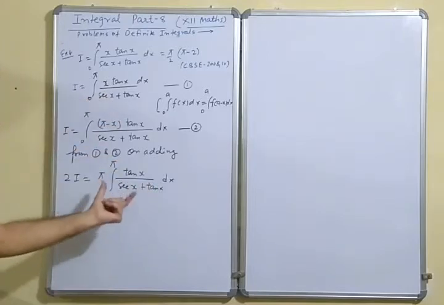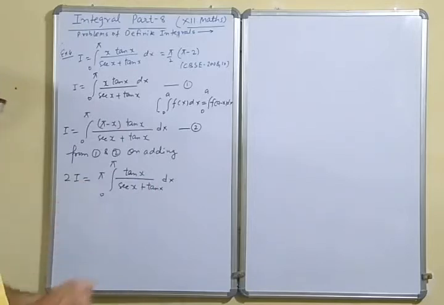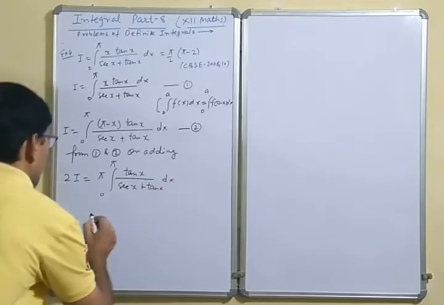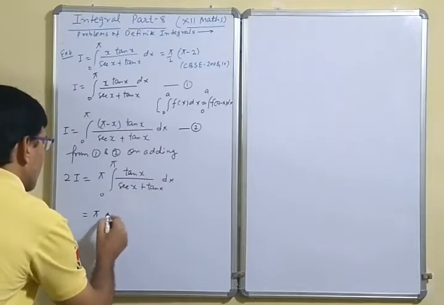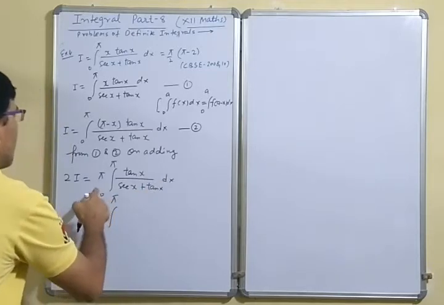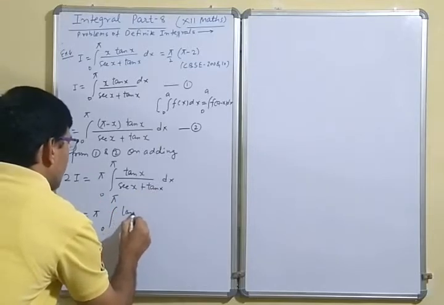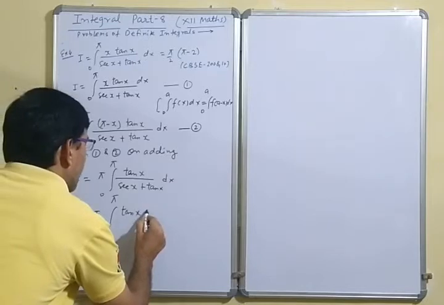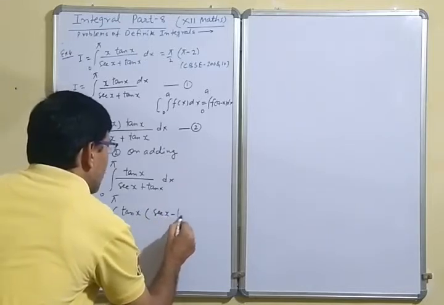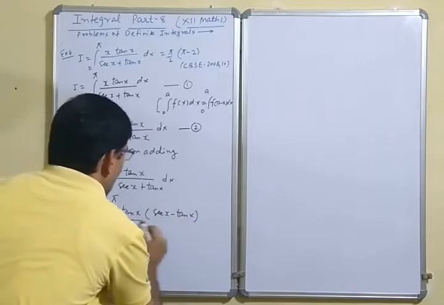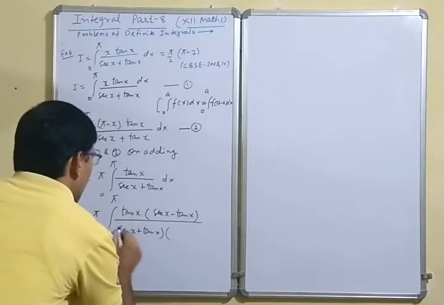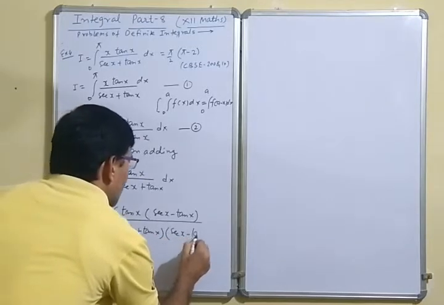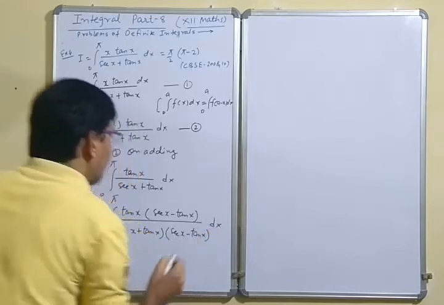So now we have to simplify this integral. We can change it into sin and cos, or we can directly simplify it by multiplying by its conjugate. So whenever we multiply numerator and denominator by the conjugate, it becomes integral from 0 to pi of tan x times (sec x minus tan x), in the denominator (sec x plus tan x)(sec x minus tan x) dx.